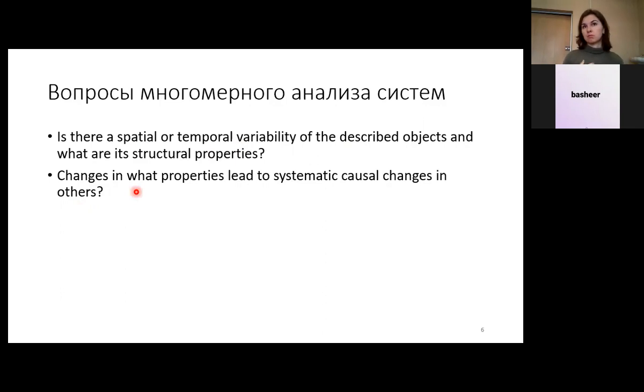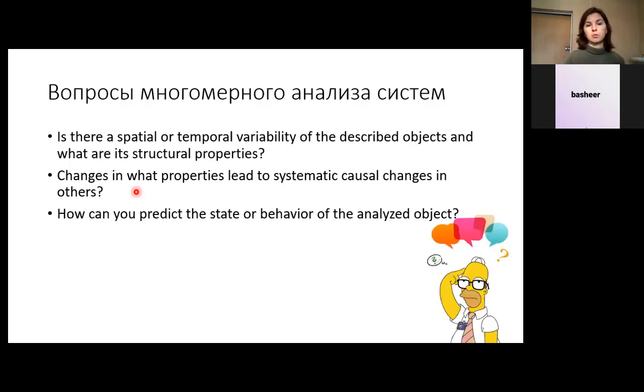For example, we've talked about it before, that breathing is reflected in the ECG, or activity changes blood pressure, and we need to keep in mind these dependencies and these changes. And how can you predict the state or behavior of the analyzed object?